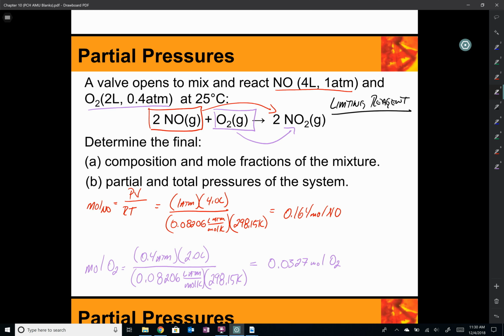Now we can do this one in our head. Just because I want to keep this recording a little bit short, I'm going to skip and tell you that our limiting reagent is our oxygen, okay? There are past videos that I have that tell you how to get the limiting reagent. It's not any different in this case. Don't get tricked just because we've got a gas suddenly that something's different. It's not. Our limiting reagent is going to be our O2.